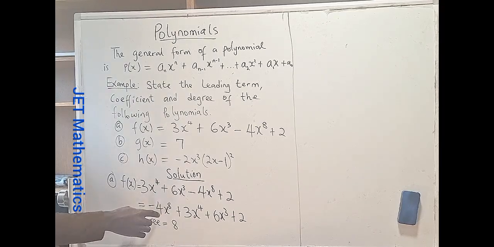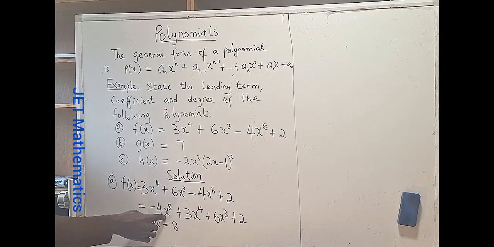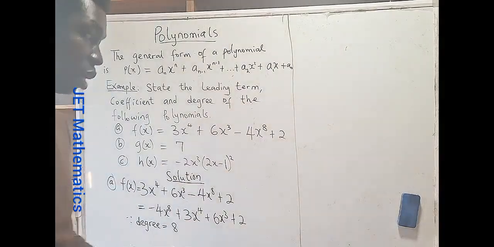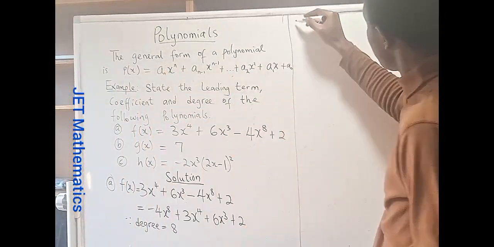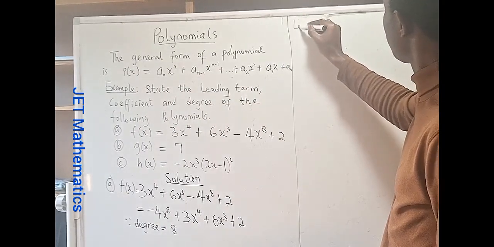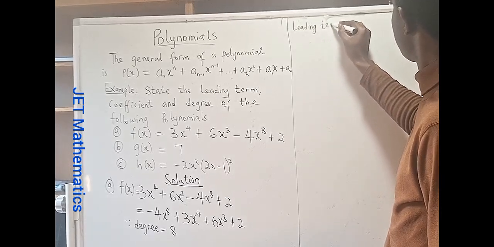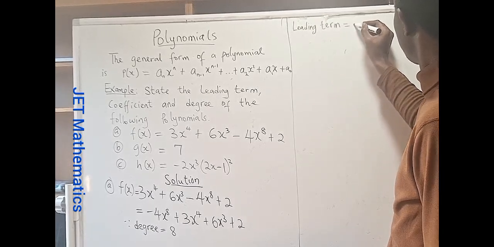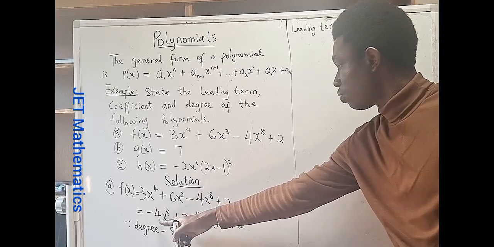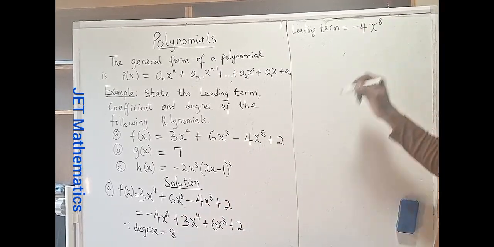Then the term which has the degree is called the leading term. So the leading term is minus 4x raised to the power of 8.